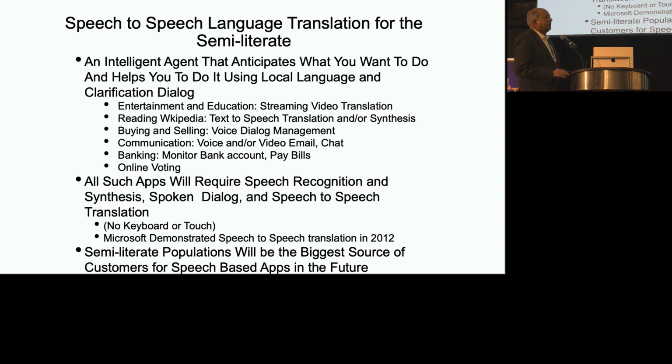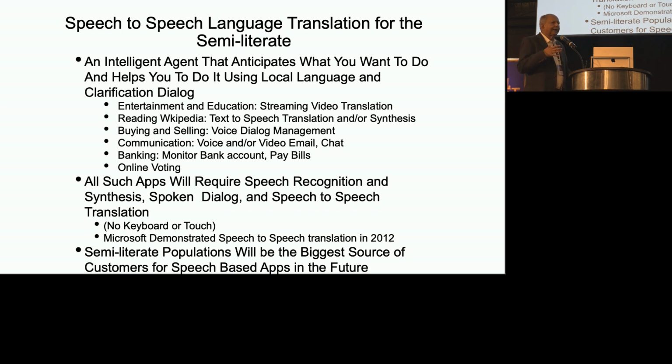So it turns out, in addition to being illiterate and not being able to read or write, another major problem we have is the language divide problem. Many of us may be educated, but we may not be able to speak each other's language.